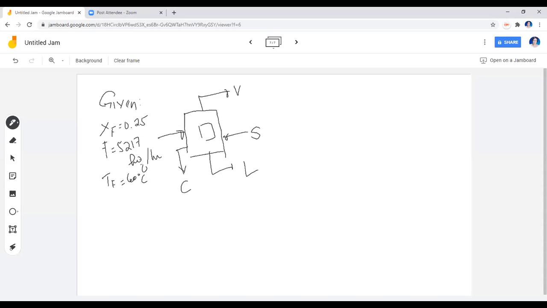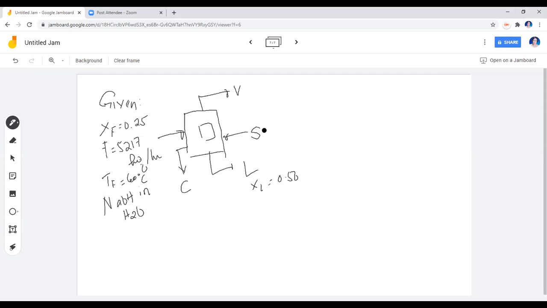These are the given information for your feed. Now it is to be concentrated to a liquor having 50% solids. So this XL here is 0.5. And by the way, the feed contains NaOH in water. So that's our feed.